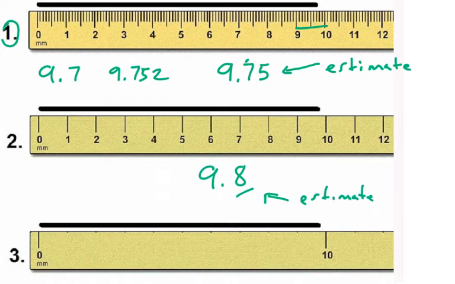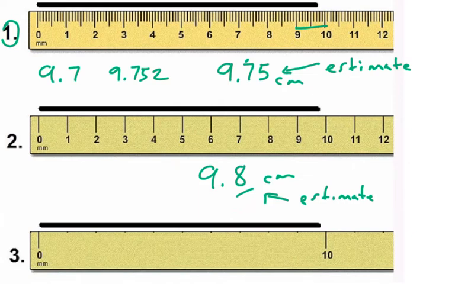The estimate would be in the tenths place. And again, with this ruler, it would be inappropriate to say 9, or 9.85. Oh, sorry, I should put units here. The only thing that is appropriate is one estimated digit.